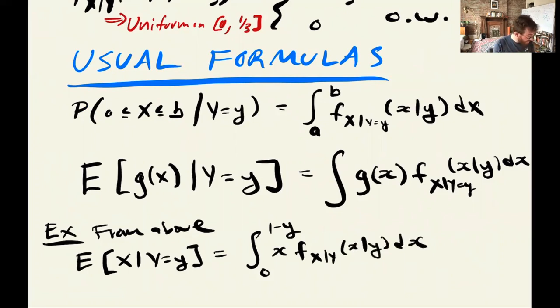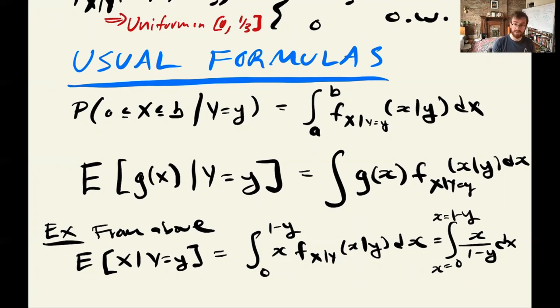Now I'm integrating over dx. So in this case, I've got f of x conditioned on y is 1 over 1 minus y. Since I'm integrating with respect to x, y is a constant, so I can just pull out that denominator as if it were a number.